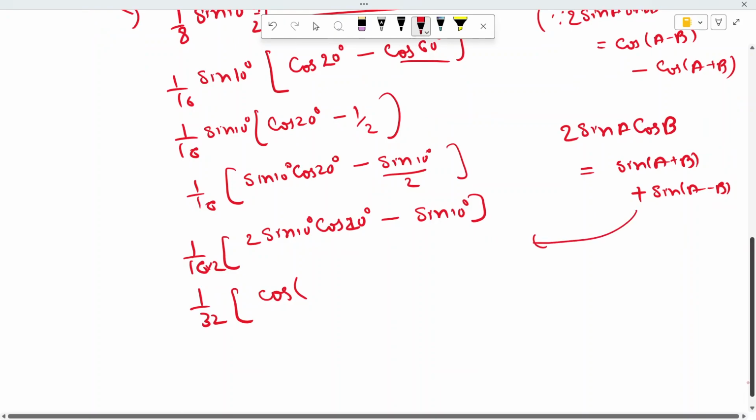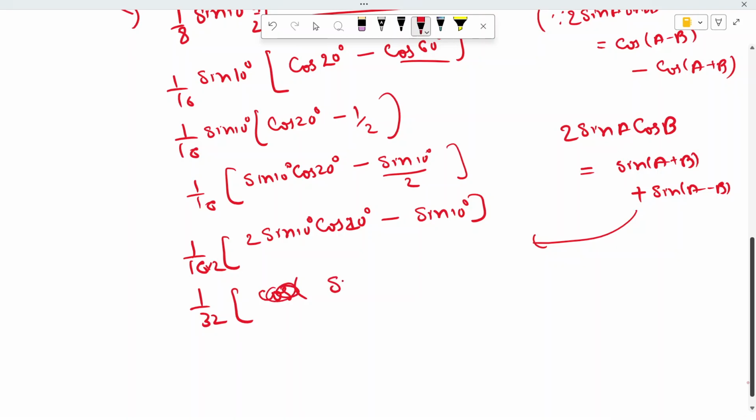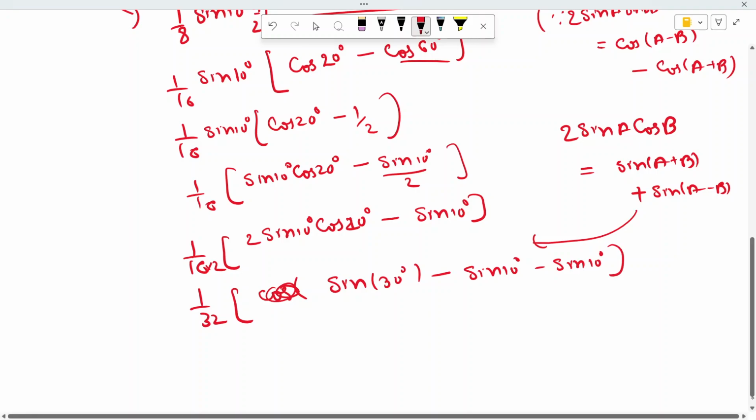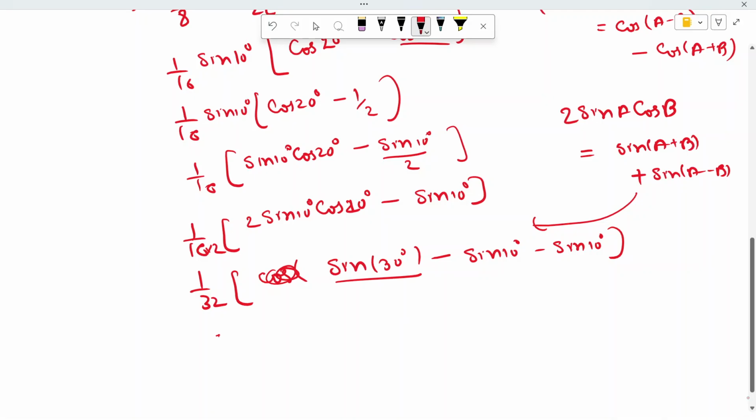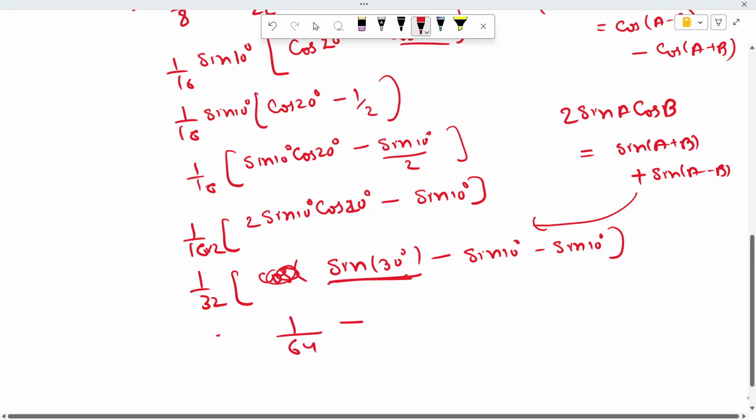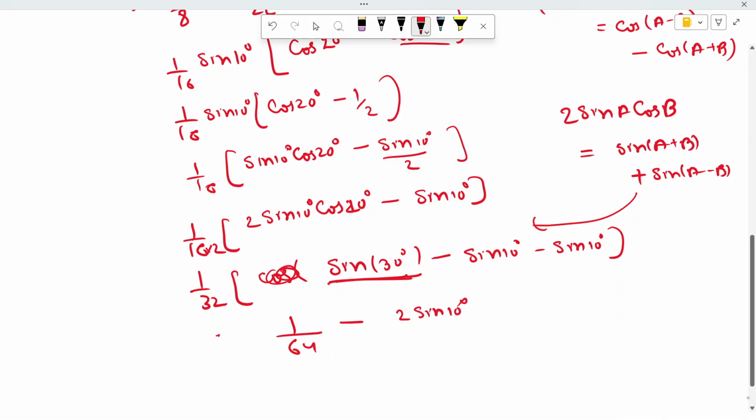So this is equal to, when you use it, we get sin 30 degrees plus sin 10 degrees minus sin 10 degrees. Okay, just calculation here. If you remember the formula, you can easily solve. Now sin 30 is equal to 1/2. So we get 1/64, minus 2 times sin 10 degrees by 32, that is 1/64.